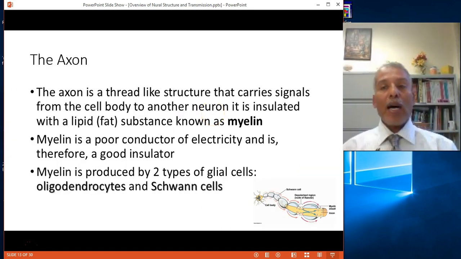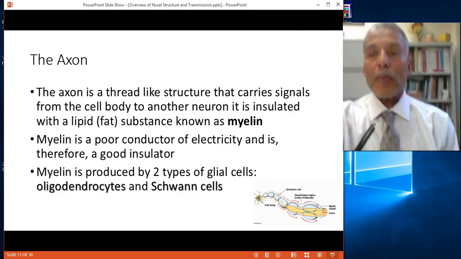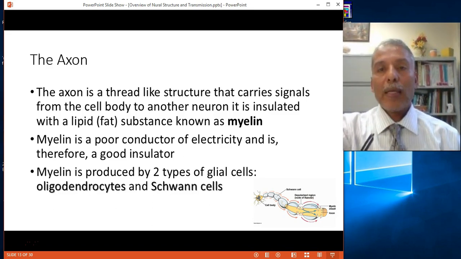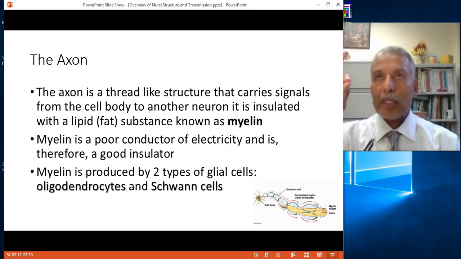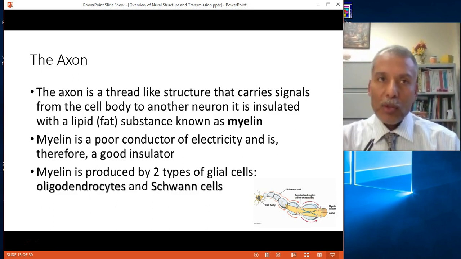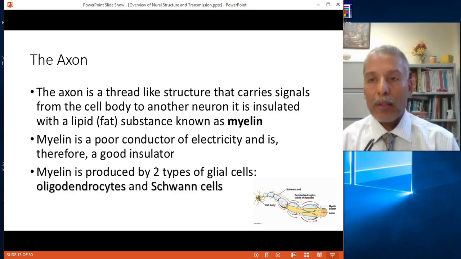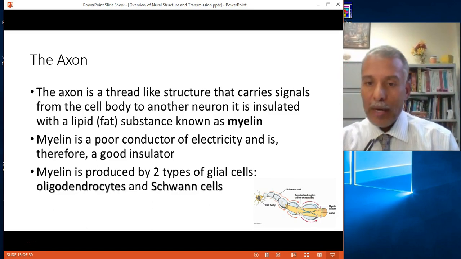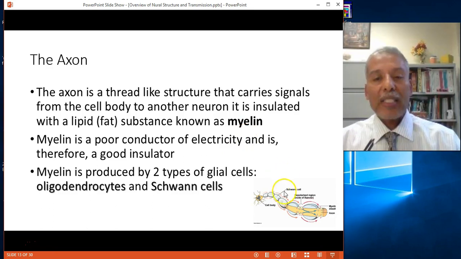So the axon now, the axon itself is like an electric wire. It has insulation, and it has the actual wire inside that carries the signal.